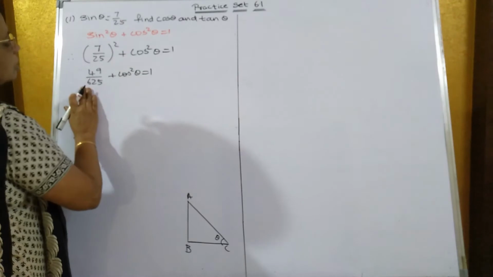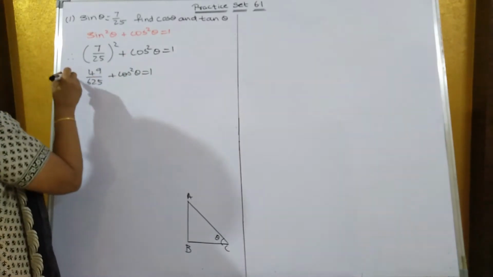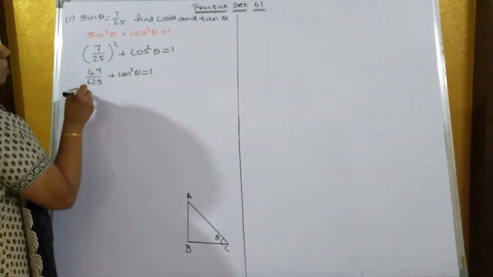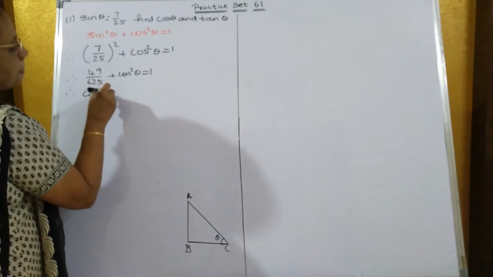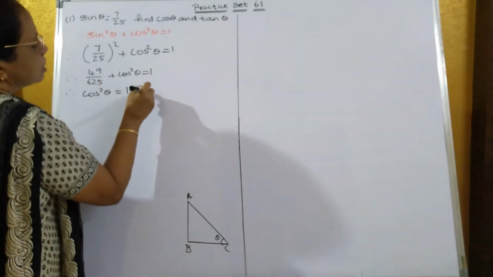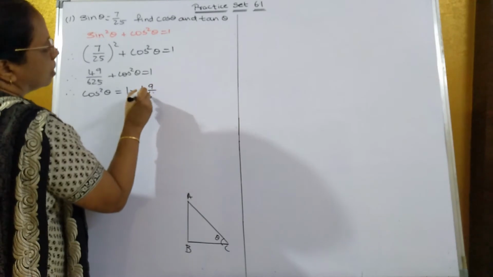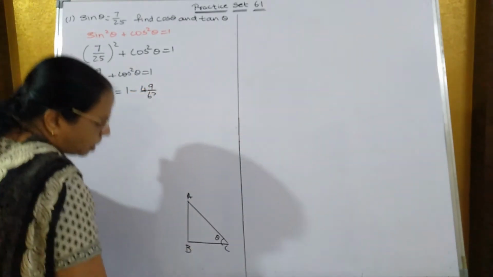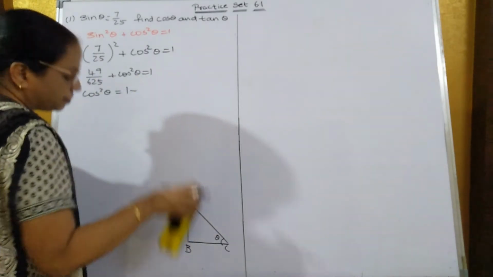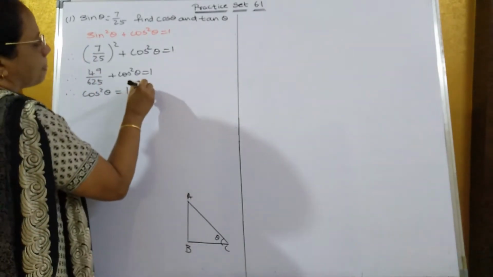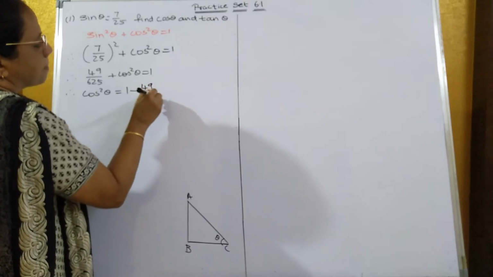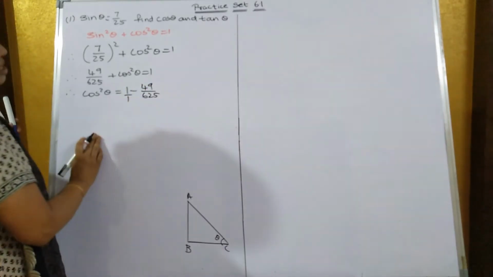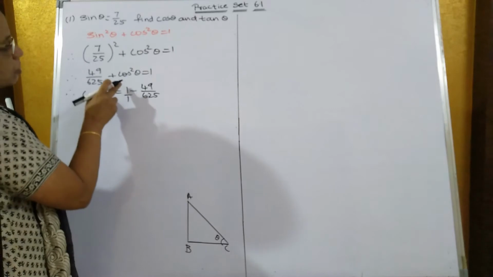Now take this 49 upon 625 on the other side. So what you will get? Cos square theta is equal to 1 minus 49 upon 625. Now equalize the denominator. This is 1 upon 1, so you will multiply 625 into 1.